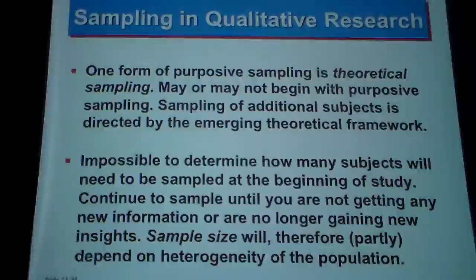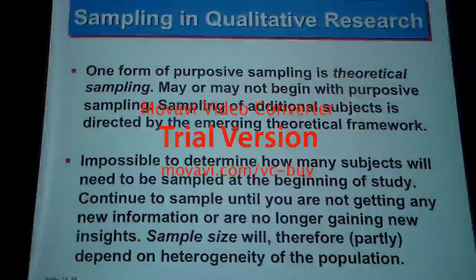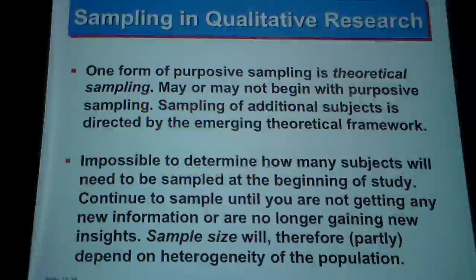That's why you are relying on the heterogeneity of the population. You are looking for more opinions, different expertise, to cover the reality of the population. But this heterogeneity will also influence the sample size and increase it. Okay, this is the first part.